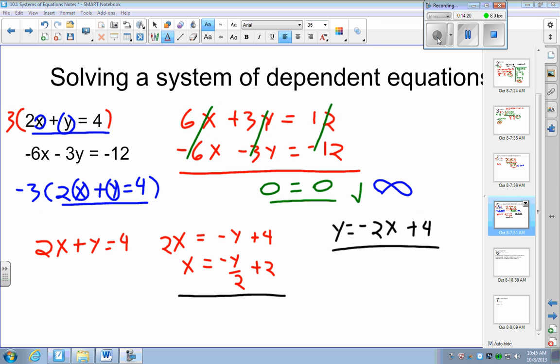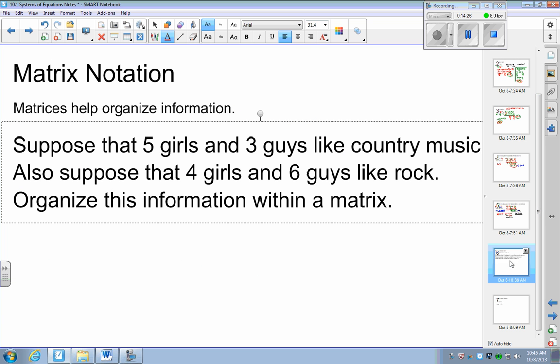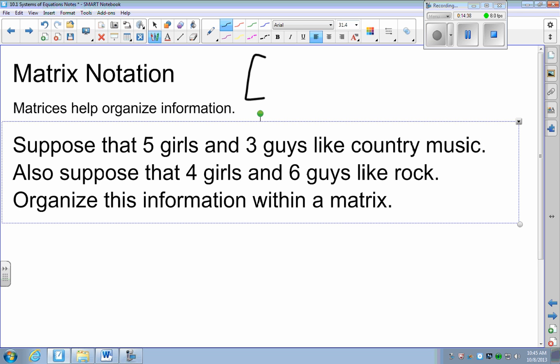All right, so now let's talk about matrices, which will be a way for us to organize a system of equations. So let's talk about matrix notation. To get started, a matrix is just defined as a rectangular array of numbers. It's going to look like this, and you'll have some number here and here and here and here.